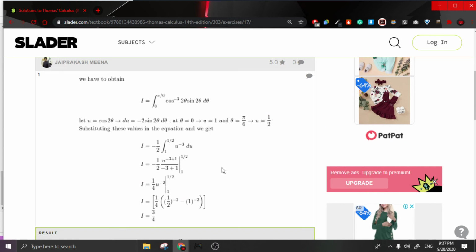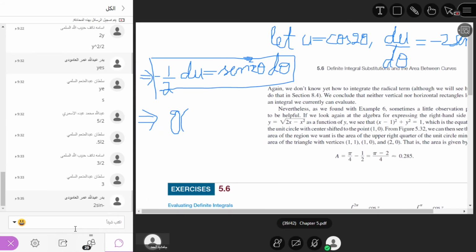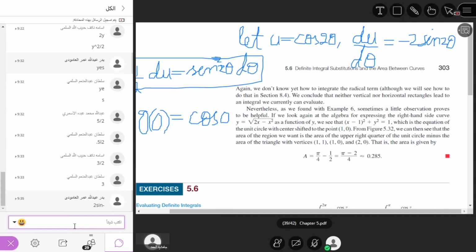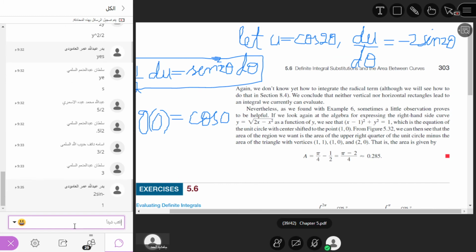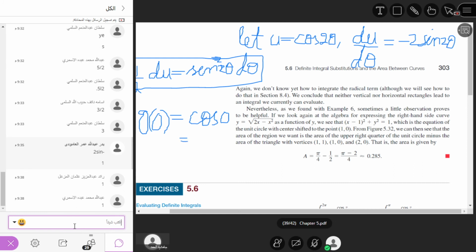Here we have g of 0, where g theta is equal to cosine 2 theta. So g of 0 is cosine 0. What is the value of cosine 0? Cosine 0 is equal to 1.